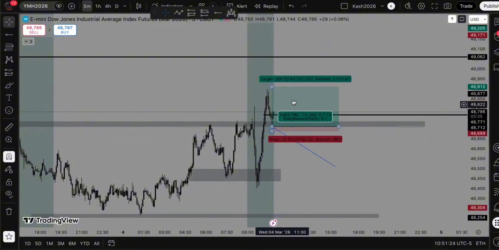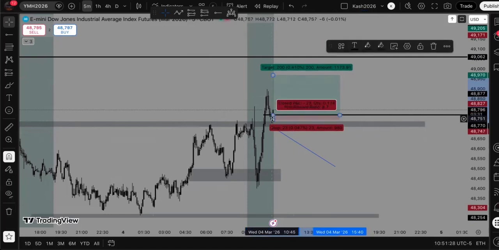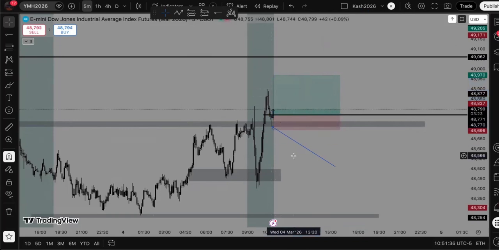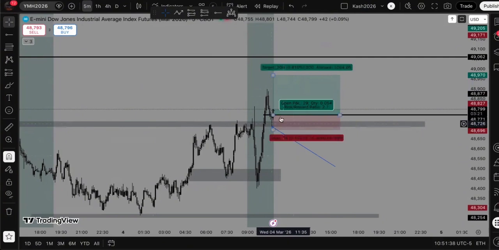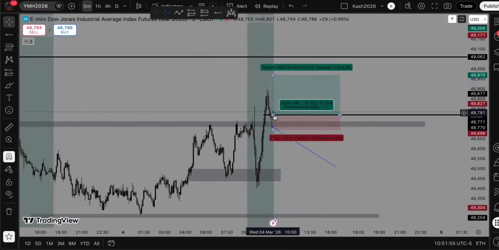Now, if you wait for the confirmation, which is also cool, you will just have to put your stop loss below the zone, and it'll be a little bit more of a risk. But you don't want your stop loss to be where price is literally going up and down. You don't want it above the zone, because it still can come back down, tap the zone again, reject again, and then push up.